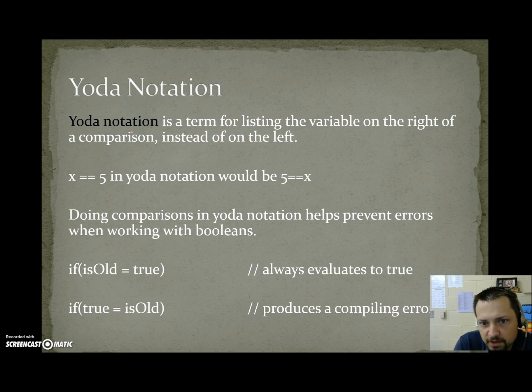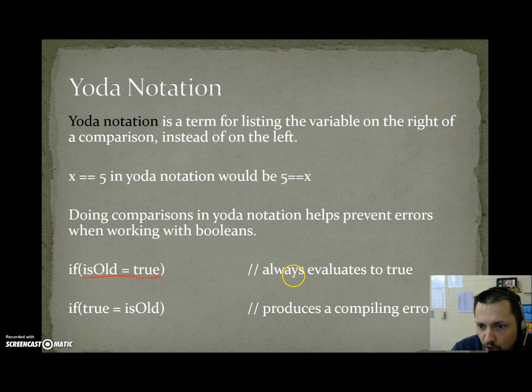Doing comparisons in Yoda notation helps prevent errors when working with Booleans. For example, if we have if (old = true), the condition has to result in a Boolean. If you do old = true, what happens is it says old becomes the value of true. So old becomes true. Then the if checks the value of old, which is a Boolean value and acceptable, and it is true.